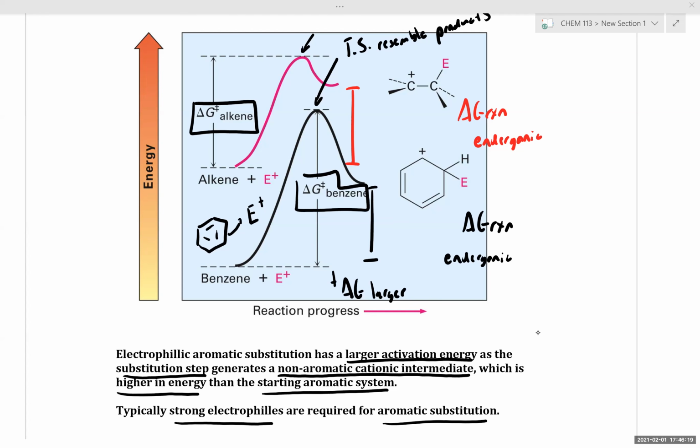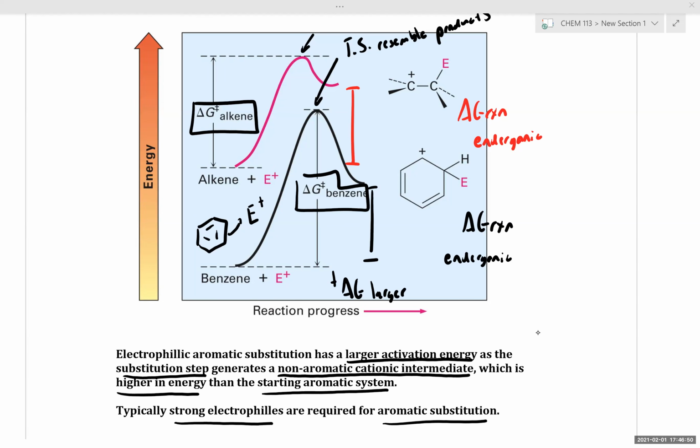There is a question in the chat. How would you go about making the addition product? So to answer that question, generally the addition product is never observed for aromatic systems. The benzene ring is stable, and the substitution product is so much more stable that under the reaction conditions, you will see reversible reaction and equilibration, and ultimately the products will funnel towards the substitution product.